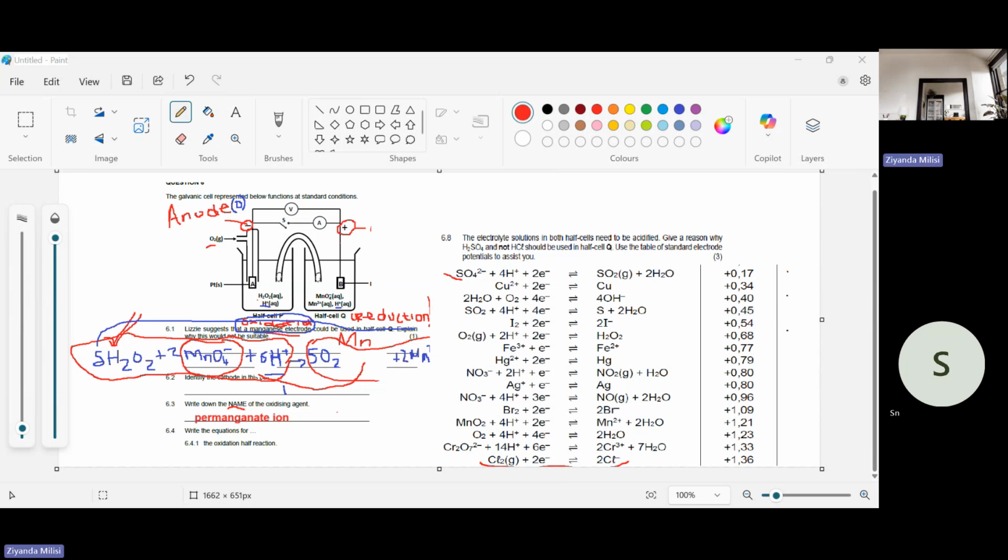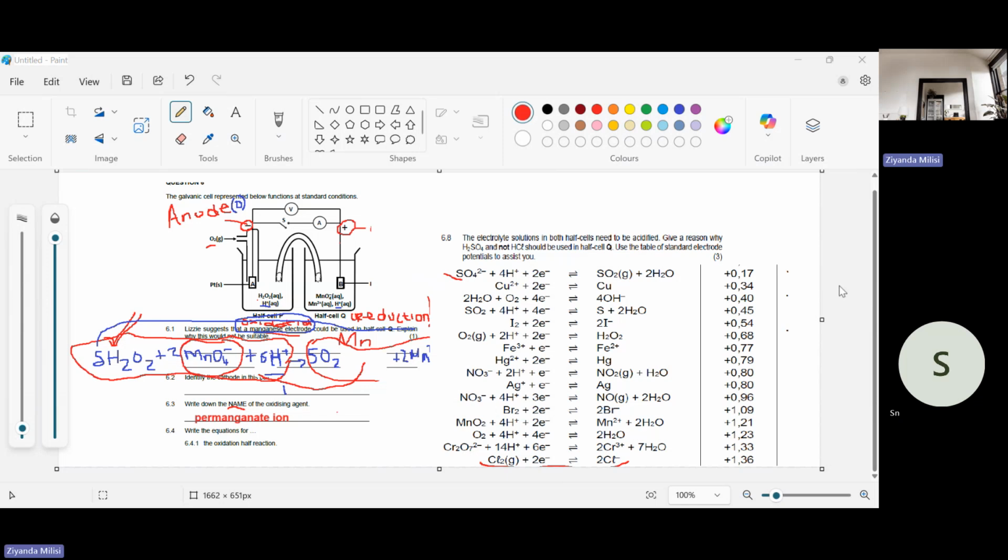MnO4 minus is a stronger oxidizing agent than OCl minus. Remember, we've got OCl minus here. Therefore, it is going to oxidize Cl minus, because Cl2 is not a stronger oxidizing agent.